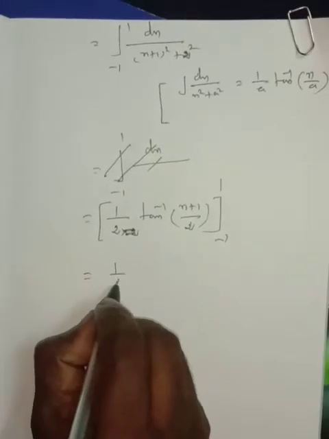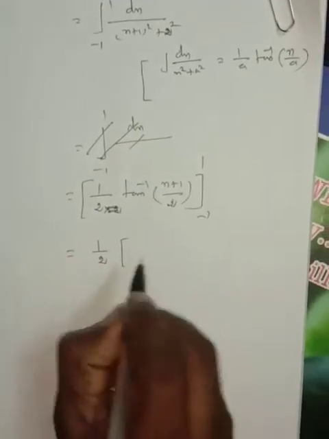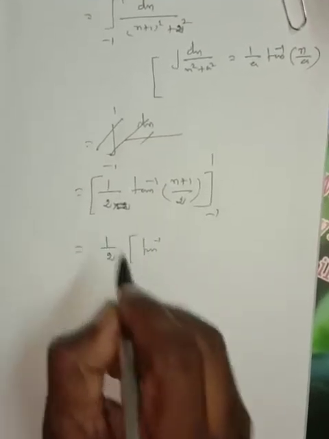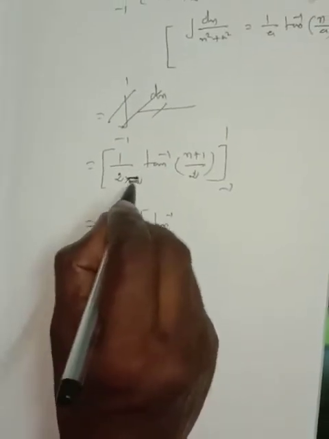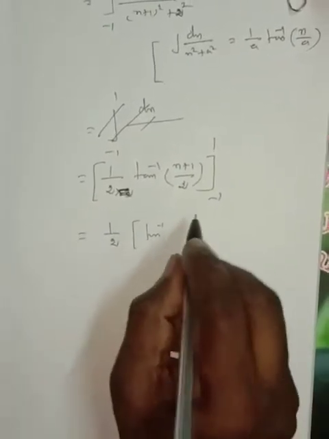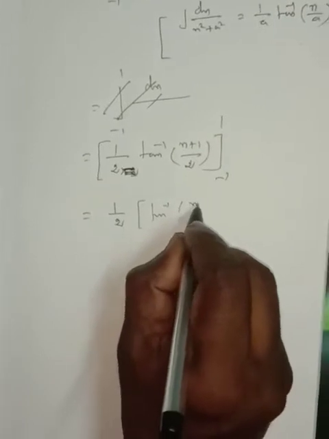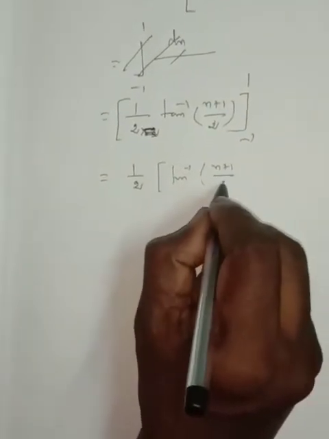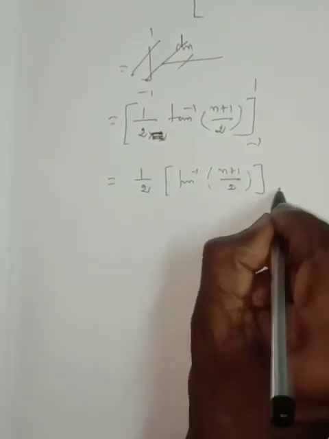The 1 by 2 is a constant number, therefore 1 by 2 tan inverse of x plus 1 divided by 2, taken over the limit minus 1 to plus 1.